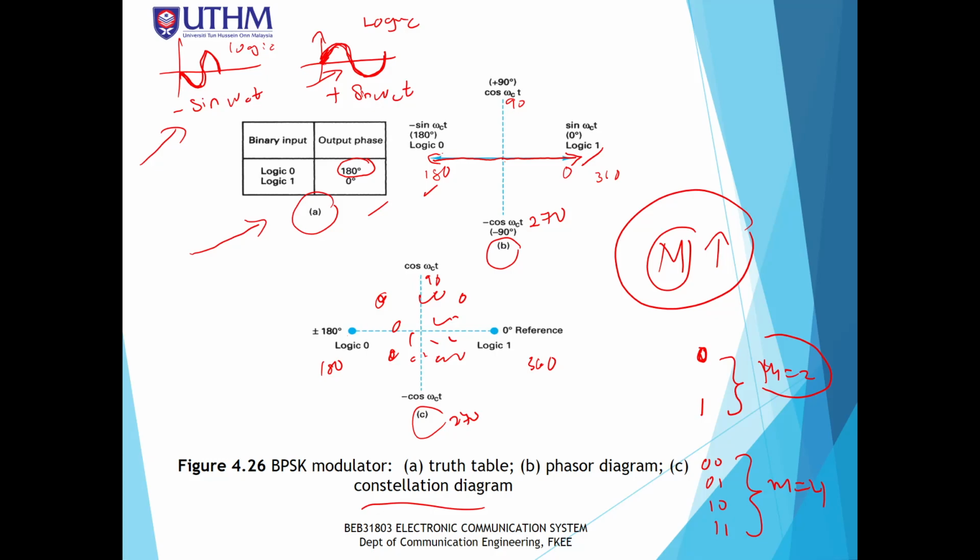The chances of having error is smaller compared to when we have many constellation points close to one another. Kalau kita ada constellation yang rapat-rapat, kebarangkalian untuk berlakunya error will be higher, compared to if the distance is far away.